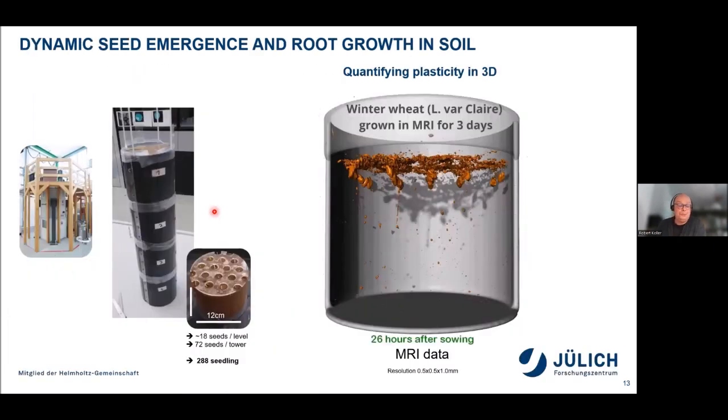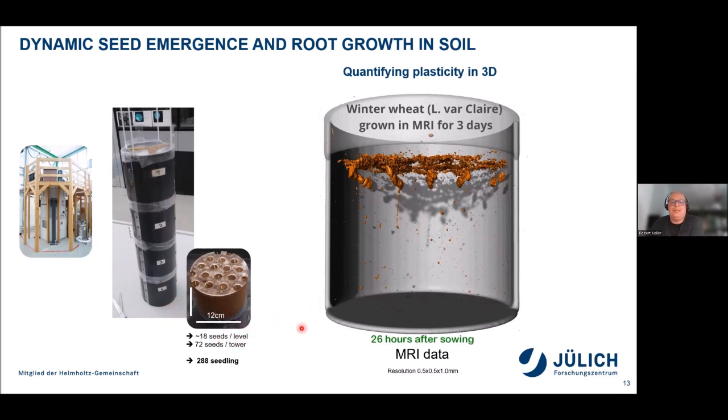Another challenge is the throughput, right? I just told you that we now have an automated system for about 70 plants, but we can even go higher. My colleague Daniel Flutfelder set up an experiment where he was interested in early vigor and early emergence of plants. He established these towers, where each tower, or level, could be run with 18 seeds.